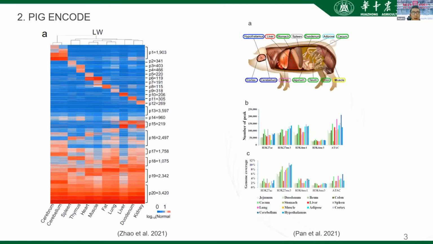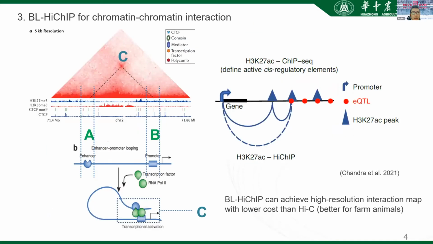Fortunately, we now have high quality annotations of cis regulatory elements, like these two papers. But we still need chromatin conformation technologies to help us identify the exact interaction between elements and their target gene.